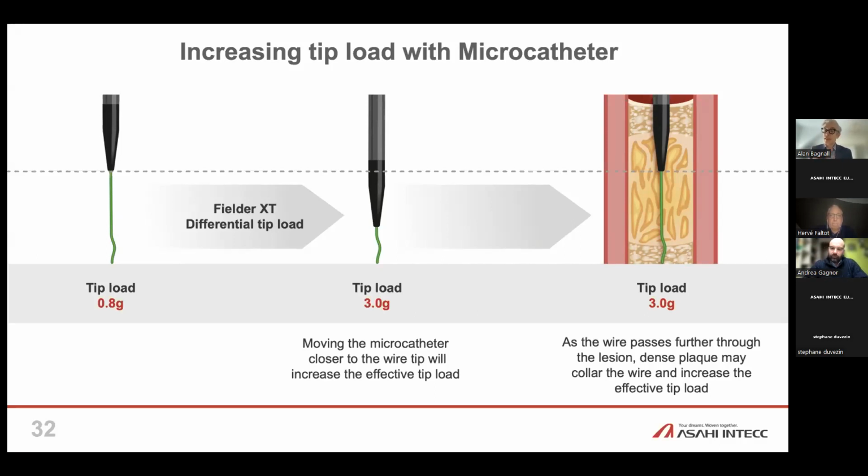So it can completely change it. And sometimes if your wire is bending over when you're trying to engage a proximal cap, simply bringing the microcatheter closer to the tip can be one way of providing enough tip force to penetrate through. You should be aware as well that when you're going through a CTO lesion, the same effect can occur, because obviously the wire is constrained then by the plaque material, and that can increase the effective tip load.